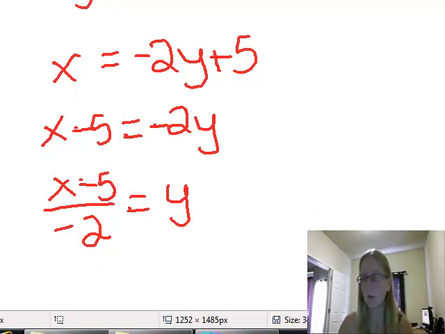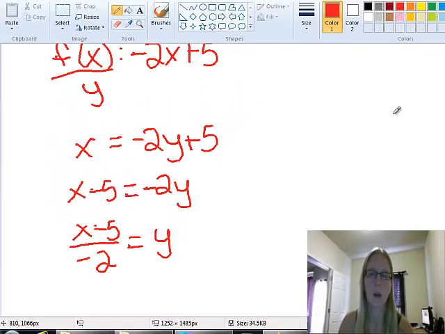What you have to be really careful with is actually creating this as an inverse function. It's no longer a y equals. In fact, we started with f of x. It's now an f inverse of x.